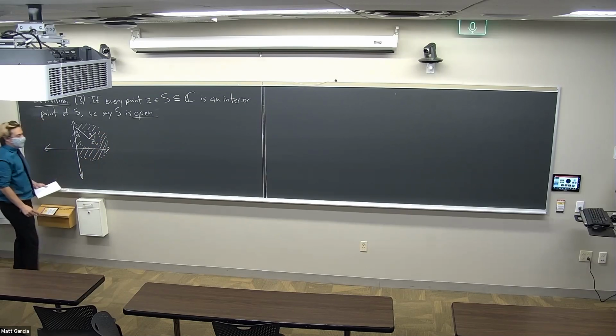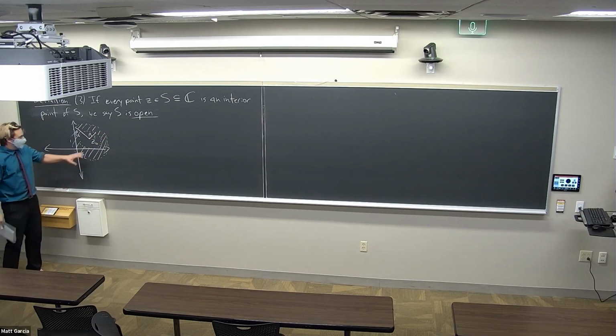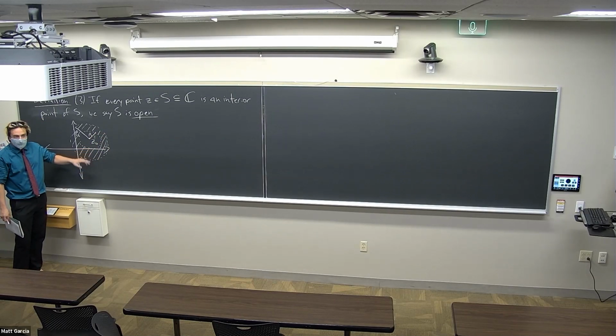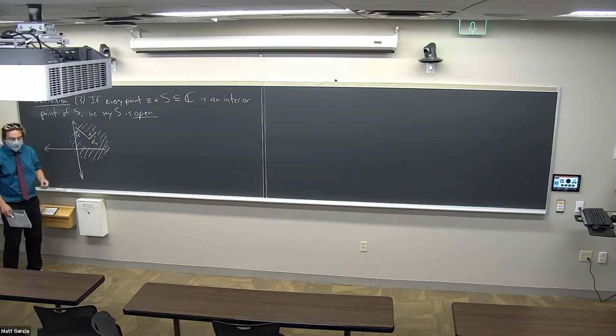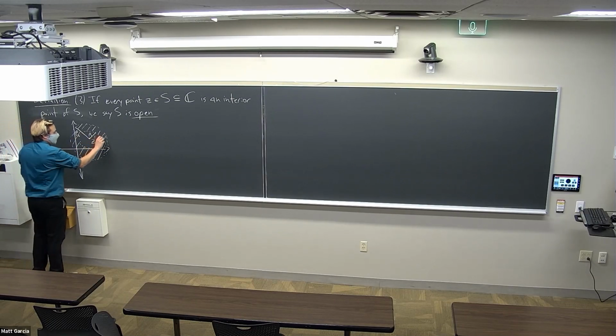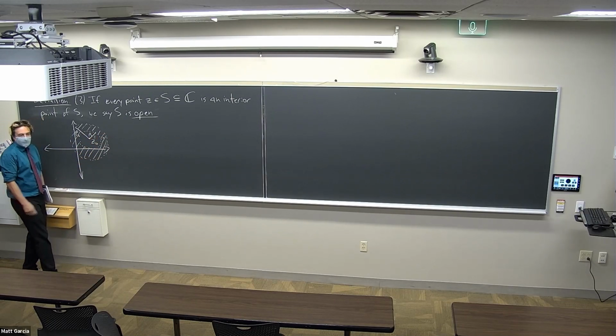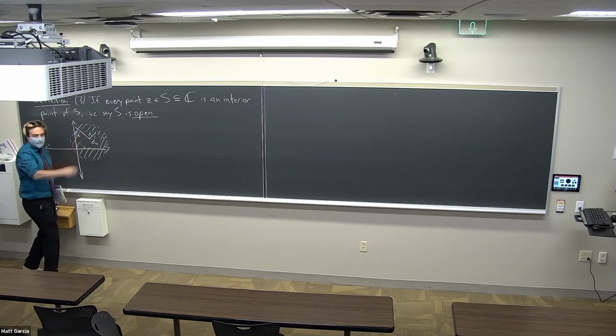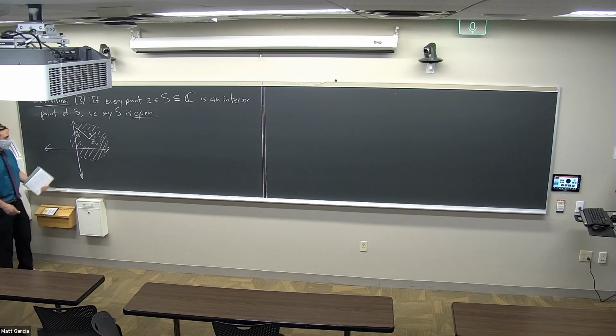This is an open set, right? It doesn't contain any points on the edge of what I've drawn. As remember, our convention in the dashed line means it does not contain those points. If I were to take any other point here, I can find an open disk around it that is contained in the shaded region. So what's the inequality that determines this region?